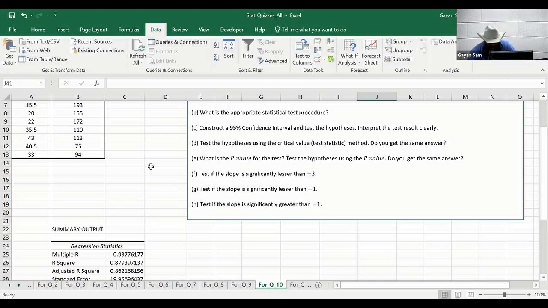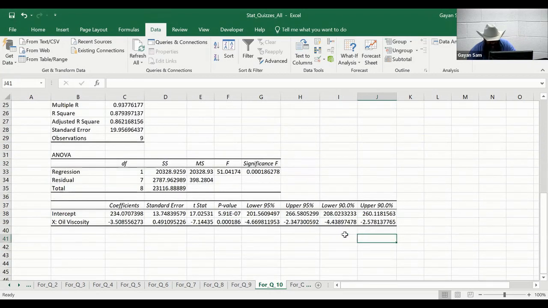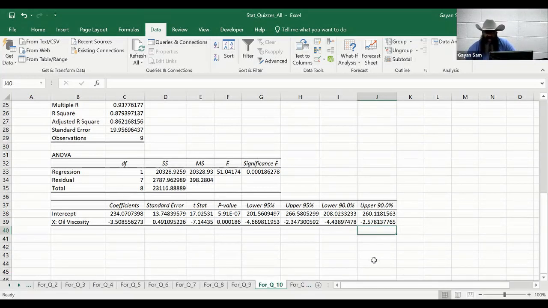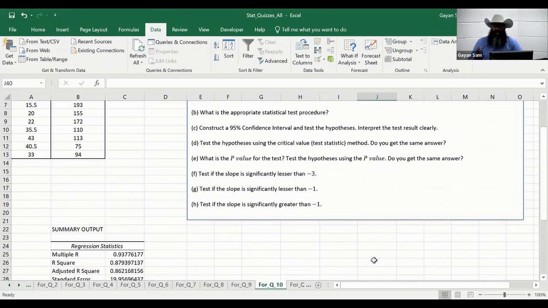So the 95% lower confidence interval is again from -∞ up to -2.5781. Of course, -1 is not inside of that confidence interval. Therefore, we reject the null hypothesis. That means we have statistical evidence with 95% probability to conclude that the slope is significantly lesser than -1.